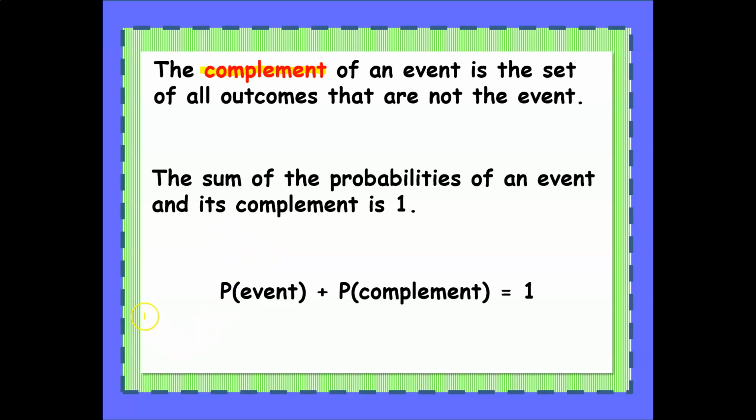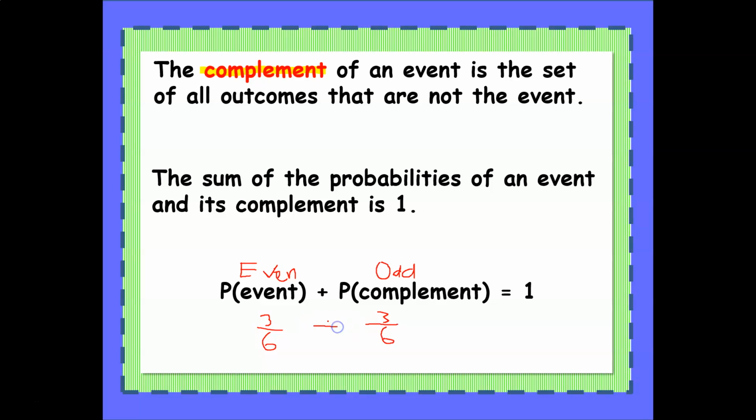So the probability of rolling an even number on a dice would be 3/6, plus the probability of its complement, so the opposite of an even number would be an odd number, that would be its complement, would be 3/6.